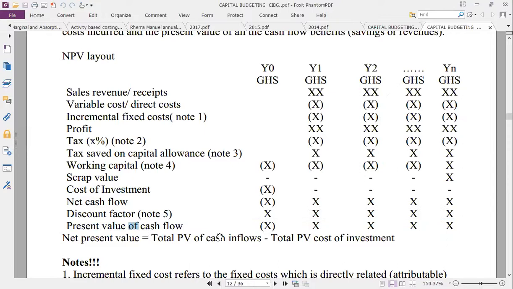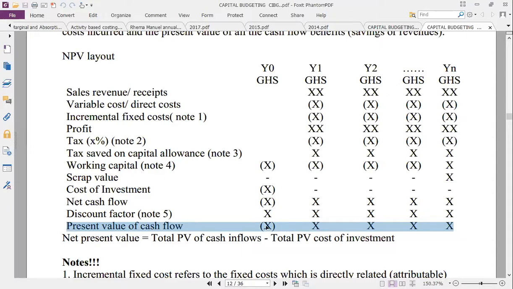Now the present value: after multiplying the discount factor by the net cash flow, you get the present value, and that is it. Now I'll take my time to go through each of the items one after the other. If you add all the present values together, that is the NPV.